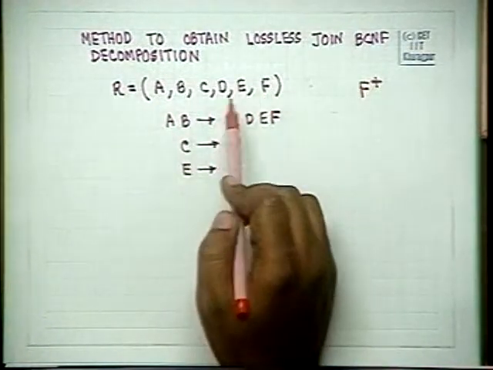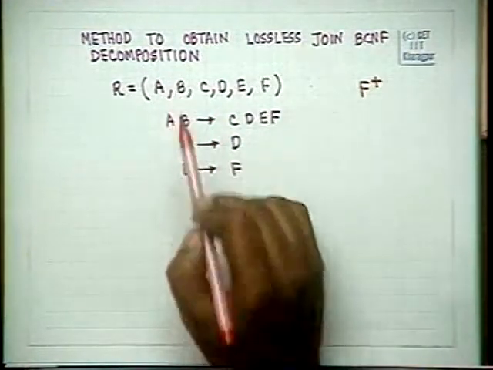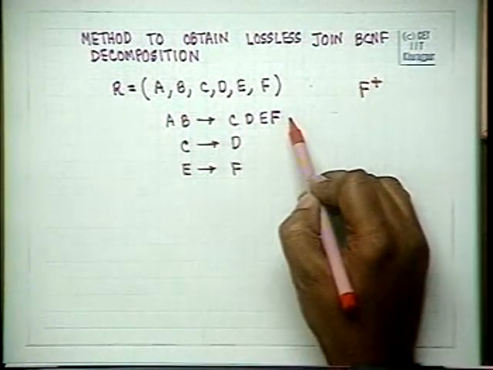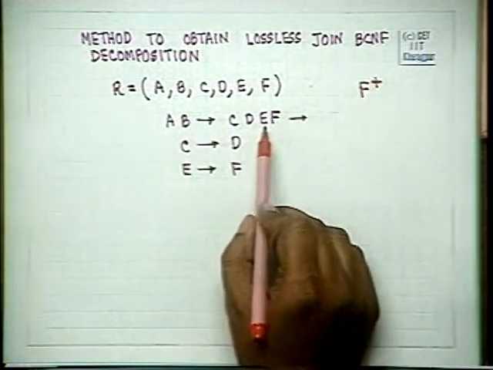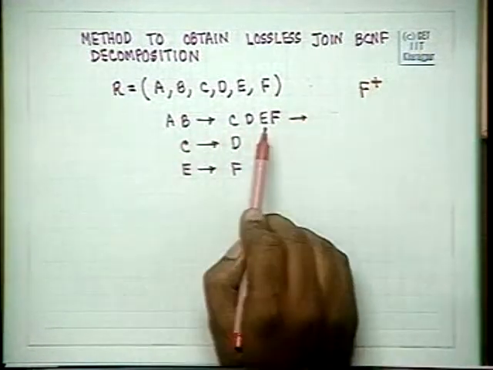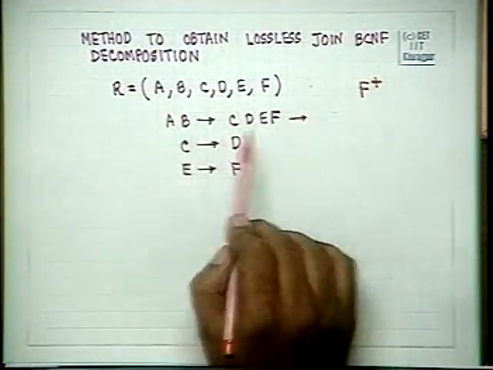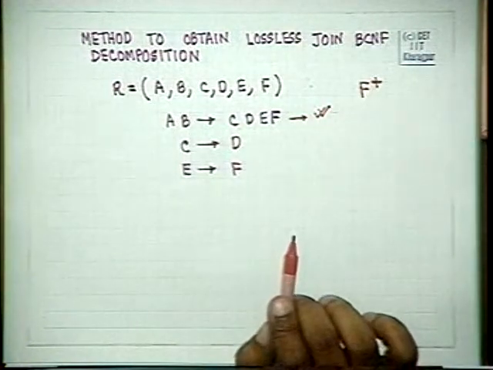Once we start breaking it up, we will have more than one relation scheme. So, now there is only one relation scheme and this is applicable on this. The first question is, does it satisfy BCNF? It is not a trivial dependency, but AB is a super key. So, this satisfies BCNF. So, we do nothing with this functional dependency.